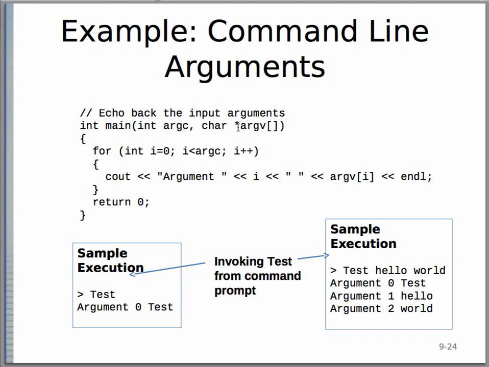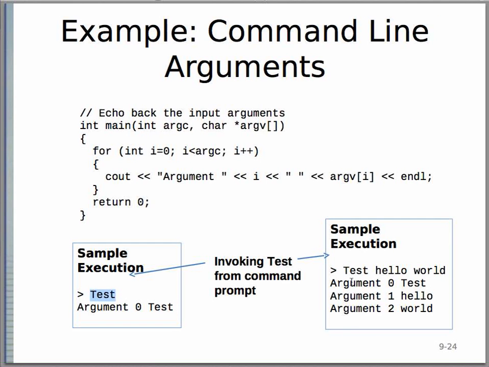Okay, so that's how you would use command line arguments. This just shows you, if you were to put this in a file, test.cpp, and create an executable named test, when you run test, if you have a loop like this, it will say argument 0 is test.